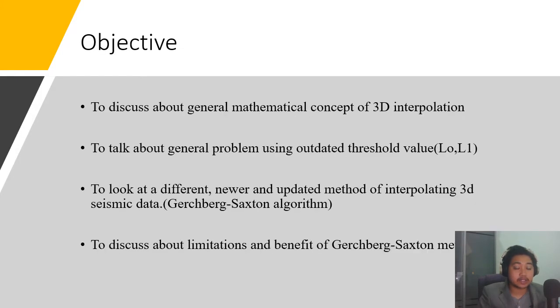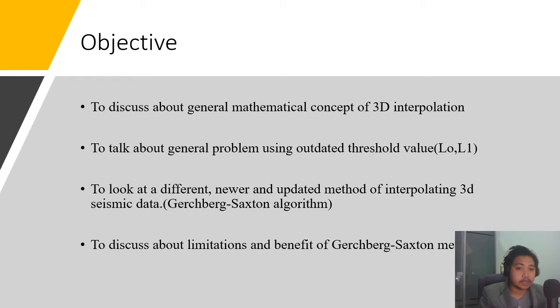Okay, so next we will move on to our objectives. In this presentation, we will try to complete these four objectives. First is to discuss the general mathematical concept of 3D interpolation. Second is to talk about general problems using the outdated threshold values, the L0 and L1.